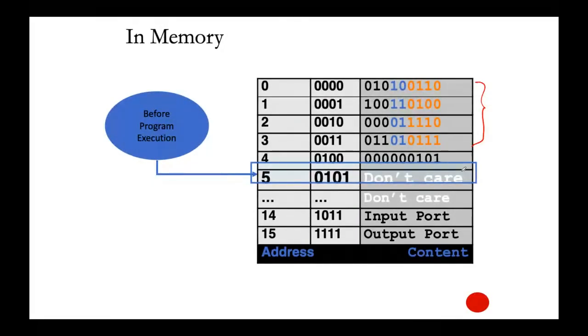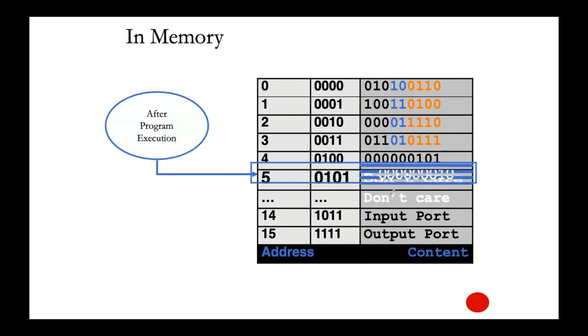After the execution of the program, memory location 5, ML5, is allocated, and whatever the result of your R1 is will go and be stored here. We call this write back.